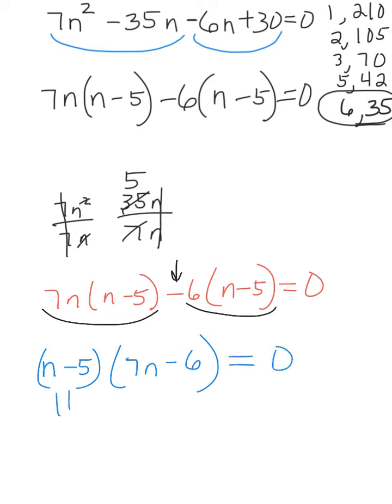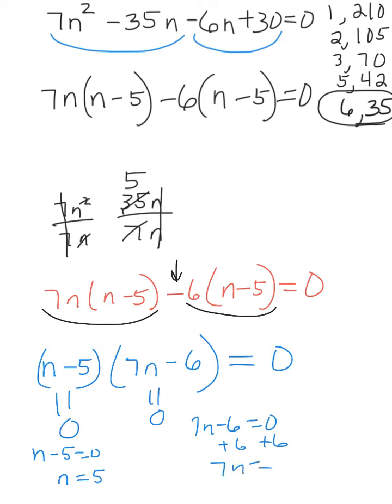Finally, we set each one of these factors equal to 0 to find out what n equals. So when n minus 5 is equal to 0, we know that n equals 5. When 7n minus 6 equals 0, we have to add 6 to both sides, and we have 7n equals 6, and then we're simply going to divide by 7, so we have n equals 6/7.